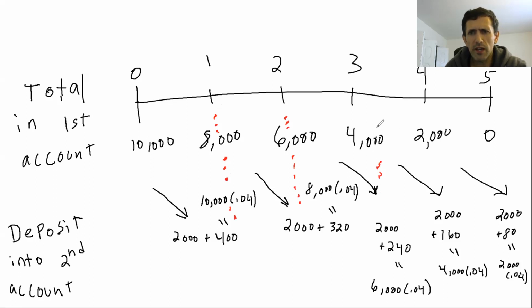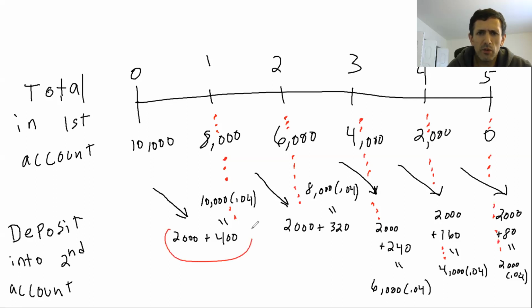Sorry about this. Just putting the red dots again in case there's any confusion about when these payments occur. I guess I could just circle this. It's probably a lot more efficient. I'll do that in a second.